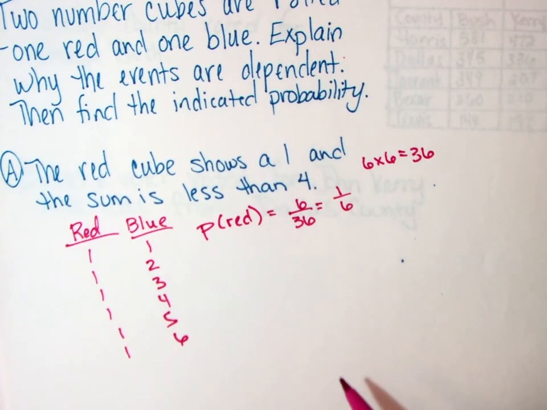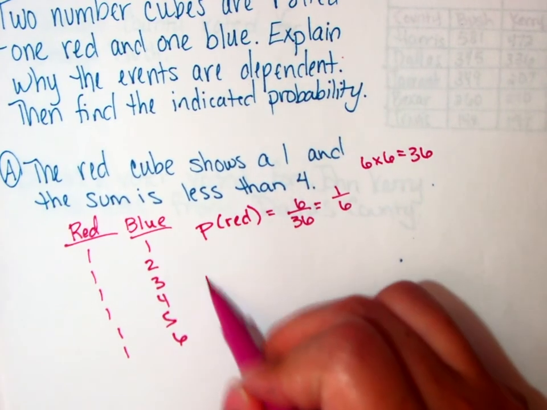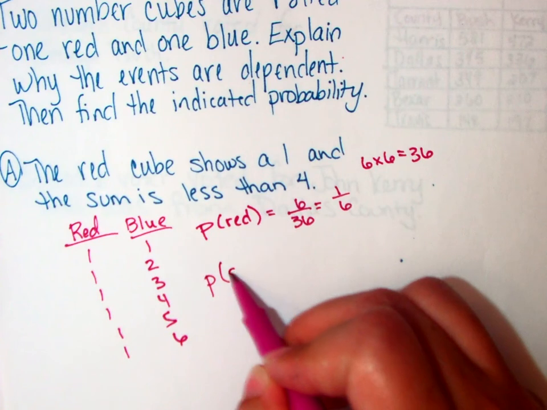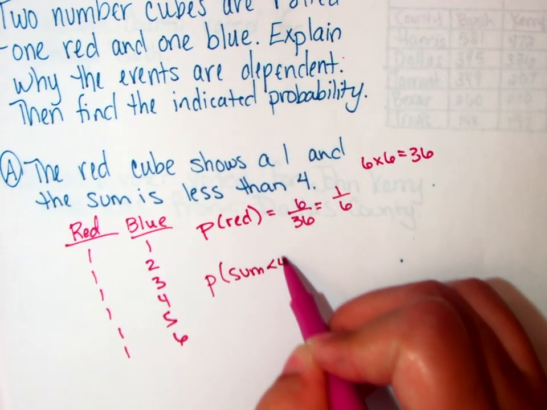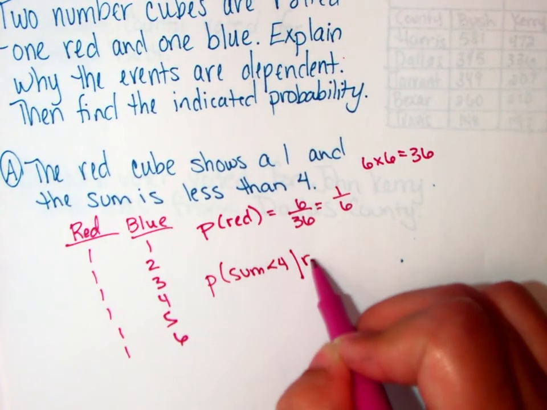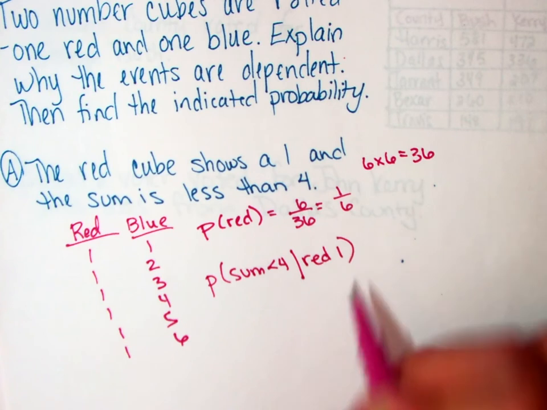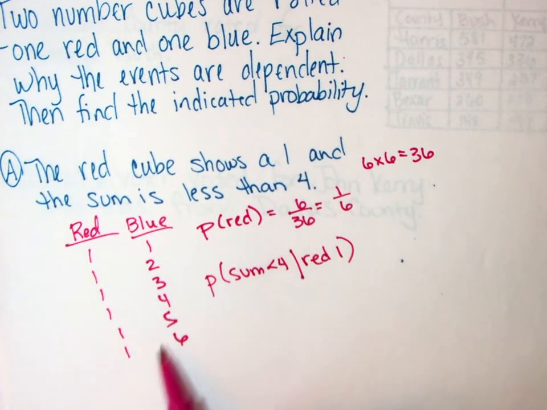The second part is, I want the probability when the sum is less than 4, given that I rolled a red 1. Okay, so we're going to use the same numbers. We rolled the red 1, and now I need to know the probability of getting a sum that's less than 4.